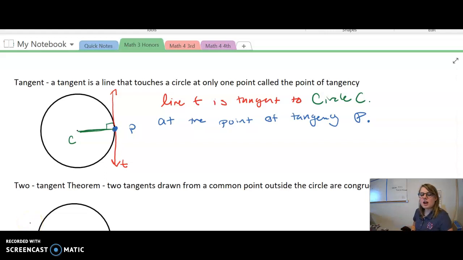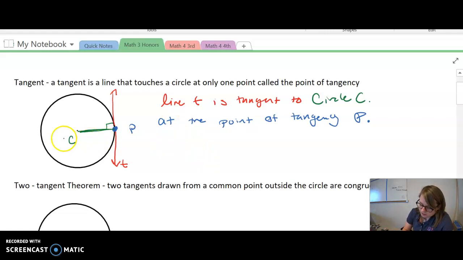So if you notice, I drew a radius, and then I drew a right angle between the tangent line and our radius. It's important to note that a tangent line is perpendicular to the radius drawn to the point of tangency.